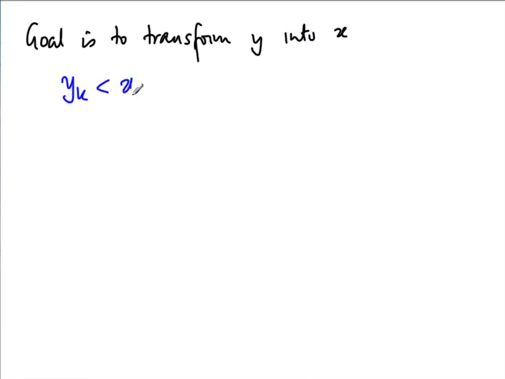So remember that our goal is to transform y into x. Okay, so now we have found the first position where x and y disagree, and we have that yk is less than xk. So what we will do is we will increase yk to be the same as xk.